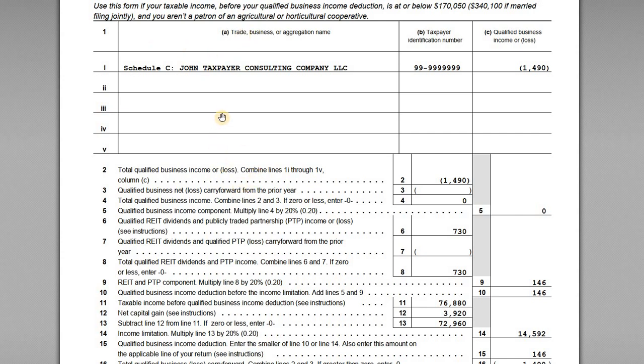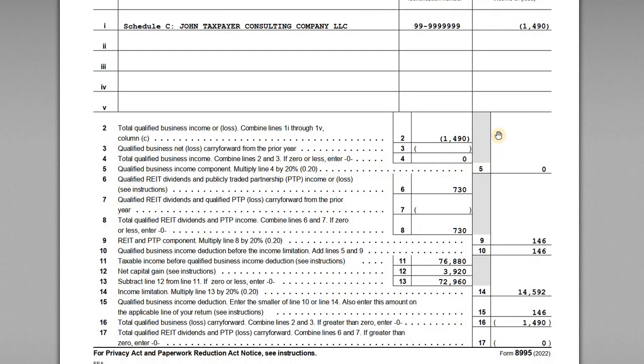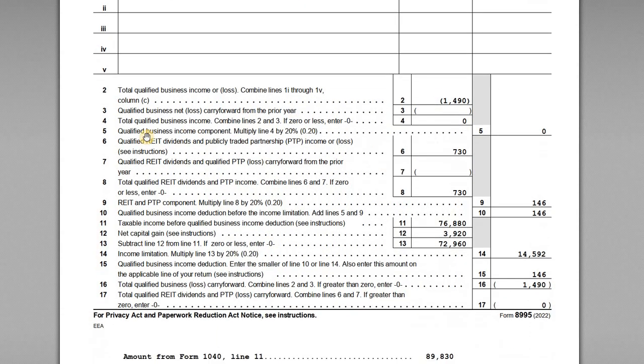So when we look at the form, the qualified businesses that you have from sole proprietorships coming from Schedule C or K-1s or in partnerships or S corps, those amounts are listed here in Section 1, and then we compute the component amount on lines 2 through 4 for the amounts that we're seeing in Section 1. But then on lines 6 through 8, we see the separately stated REIT and PTP amounts.